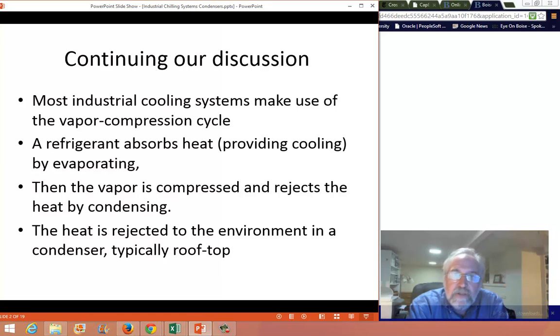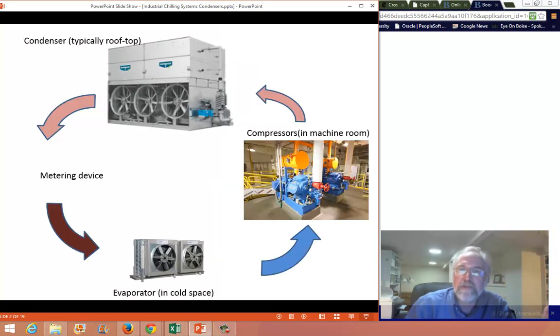And then after it evaporates, it's compressed to high pressure and very high temperature with a mechanical compressor, and then that vapor is condensed in a place where it can reject the heat, which is the condenser, not surprisingly. And that condenser is outside, usually on a rooftop or on a concrete pad next to the building.